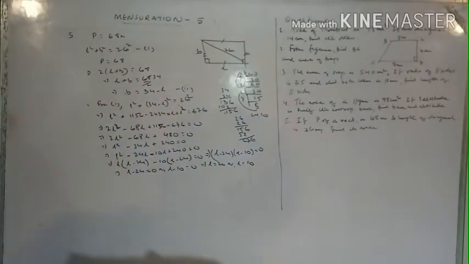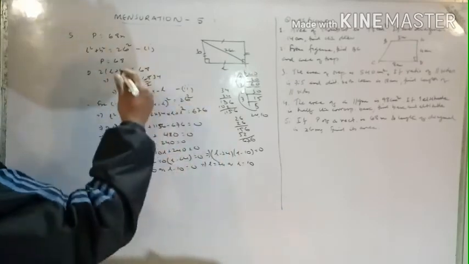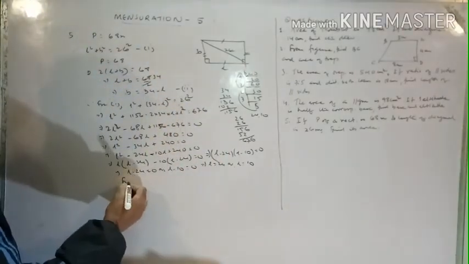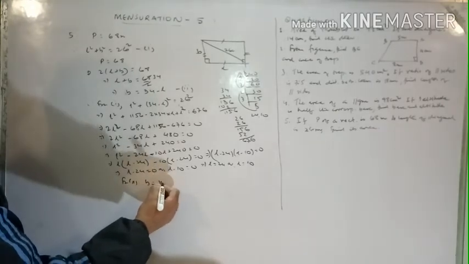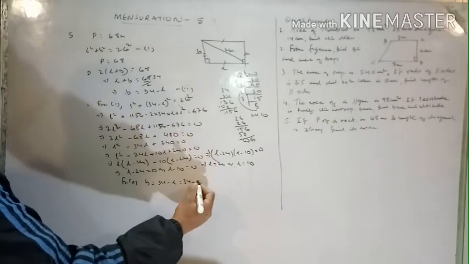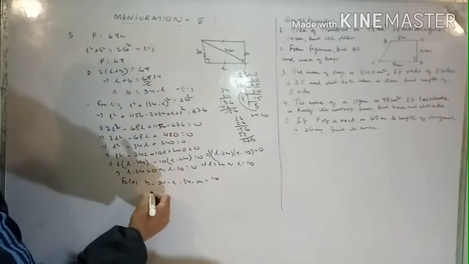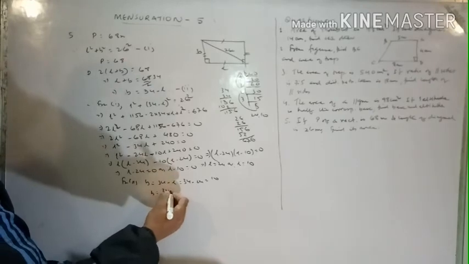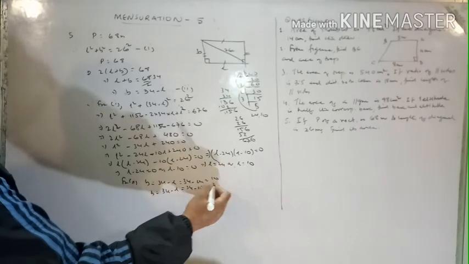Here the diagonal is 26. So now let's find out the breadth. From equation 2, B equals 34 minus L, that is 34 minus 24 equals 10, and B equals 34 minus 10 equals 24.